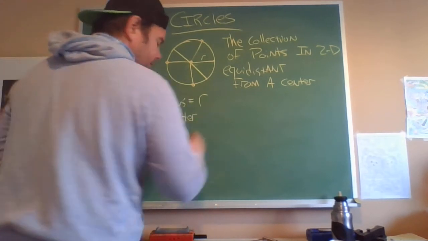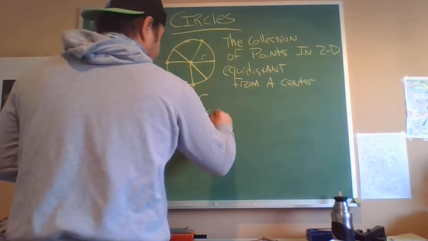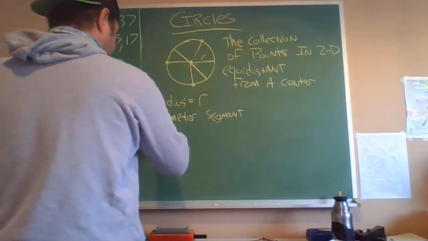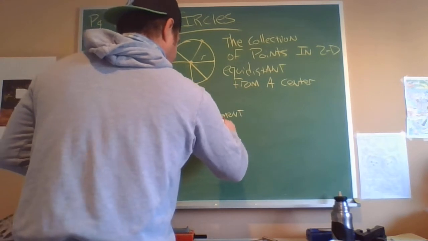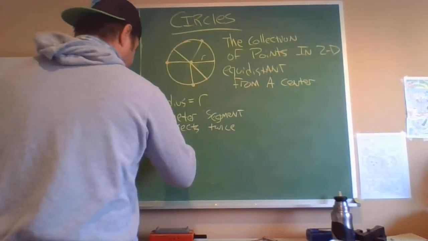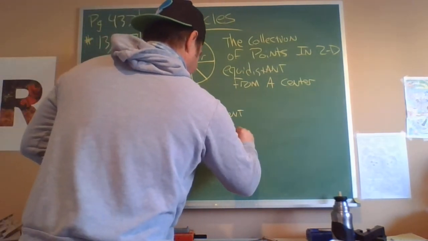A lot of you probably already know this, but the diameter is the segment that intersects the circle twice, so it hits the circle in 2 different spots, and it passes through the center.